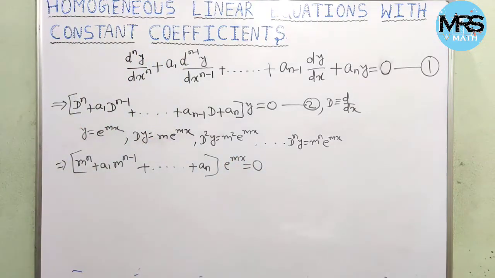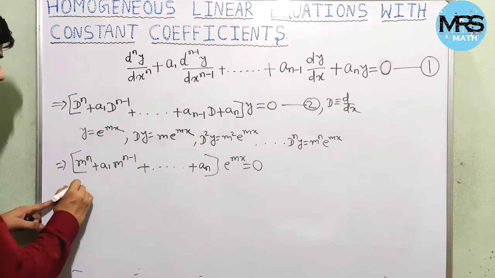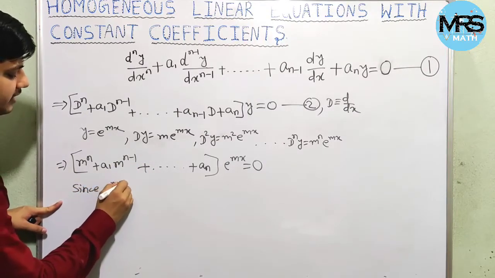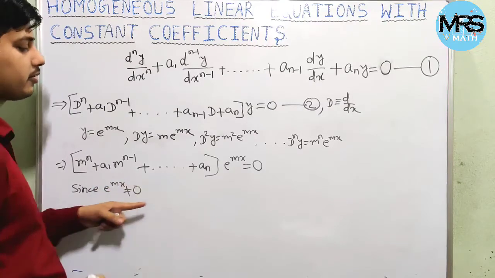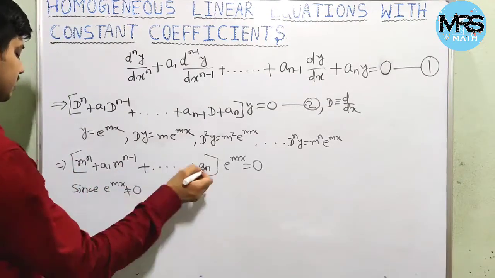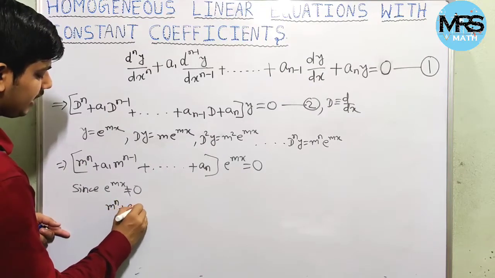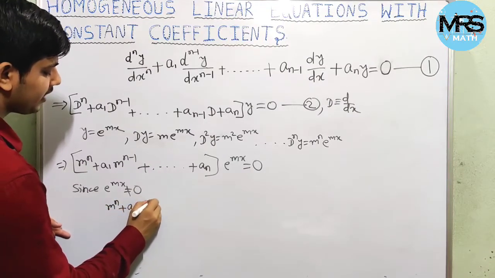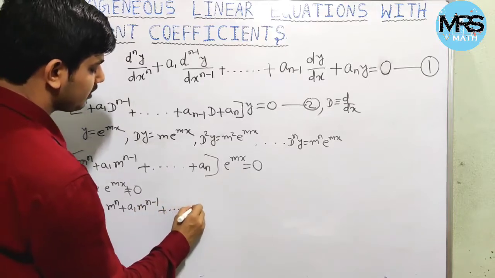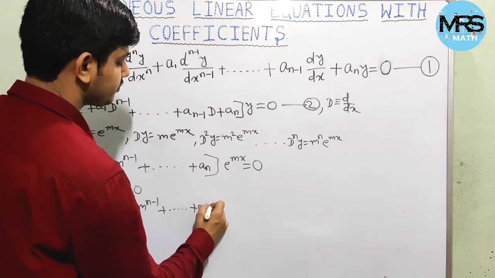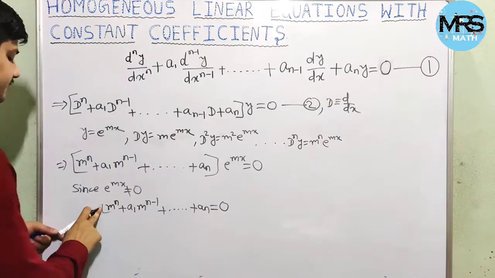Yes or no? Since we know that e to the power mx is not equal to 0, we can write this term as 0: m^n plus a1 m^(n-1) plus ... plus an equals 0.